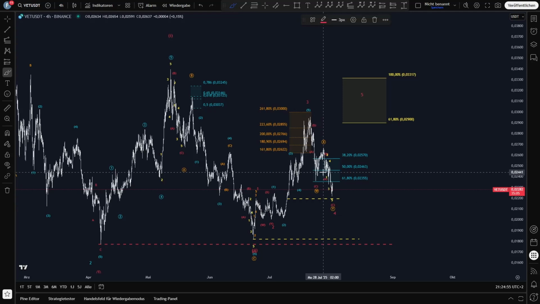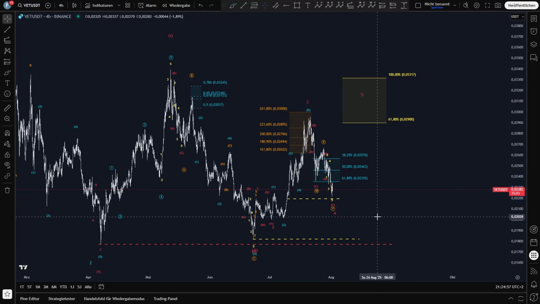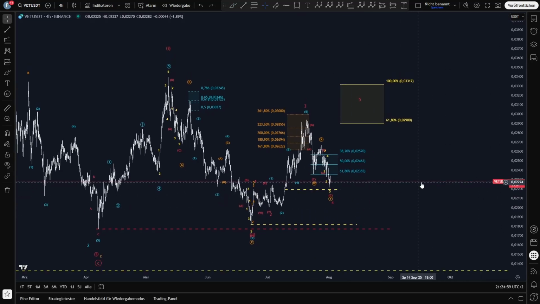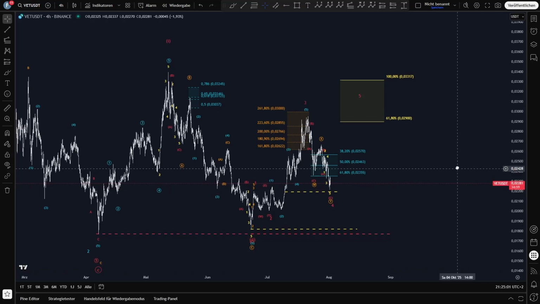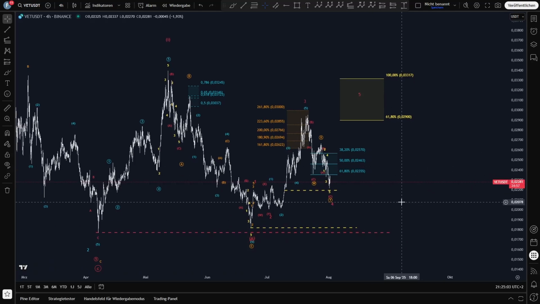If we break through this yellow line, the odds will increase for our bearish scenario in the daily chart, as you can remember, in the wave 5 for a lower low in our yellow box. So that will increase the odds for that.